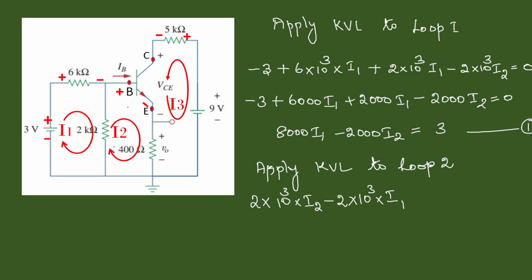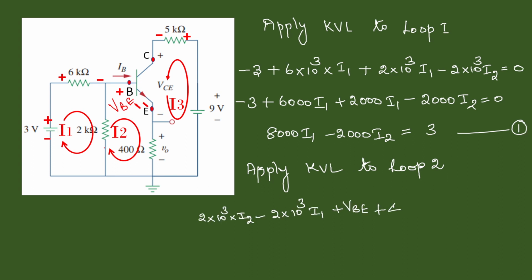Between this base to emitter, we have this base to emitter voltage available, with positive polarity here and negative polarity here. So it can be written like plus VBE. Then this emitter resistance plus 400 I2 plus again 400 I3 because it is also flowing in the same direction, that is equal to 0.